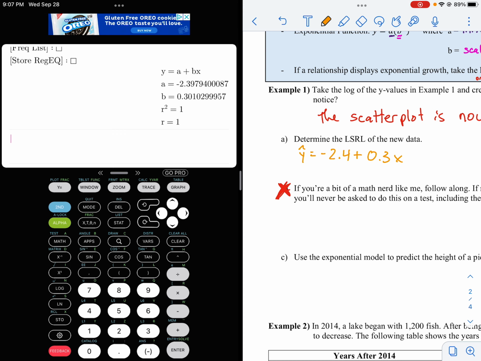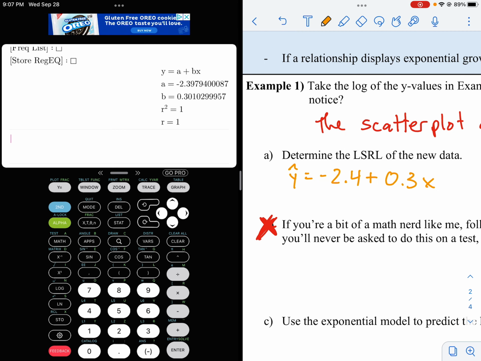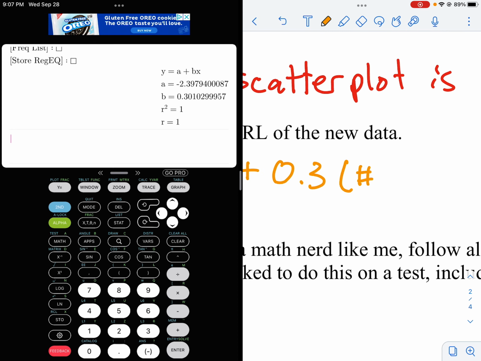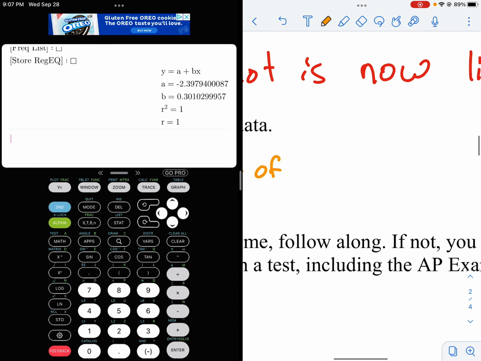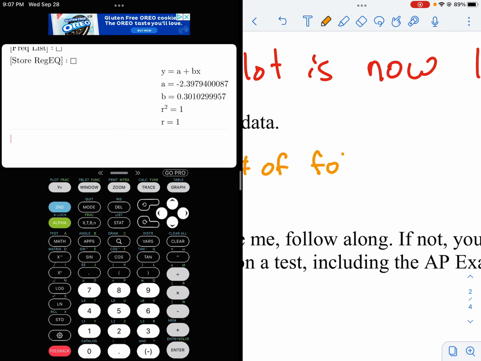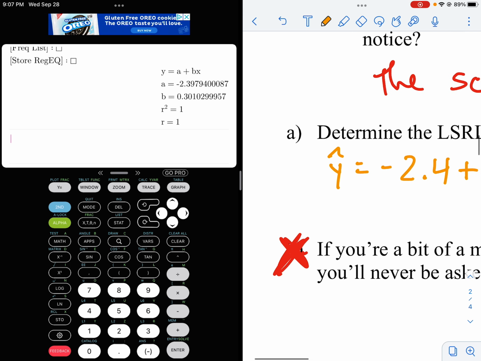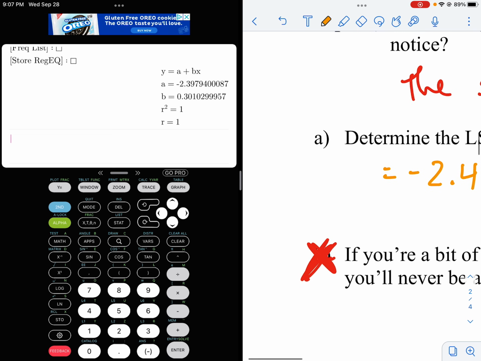However, one thing we want to note is that this x is my number of folds. But this y isn't just the height. It's the log of my predicted height.